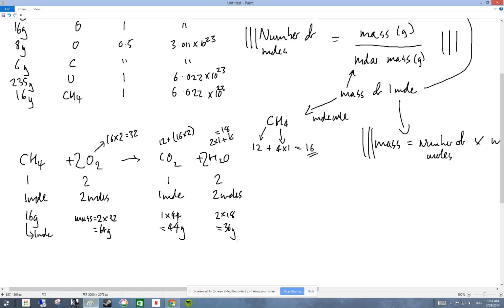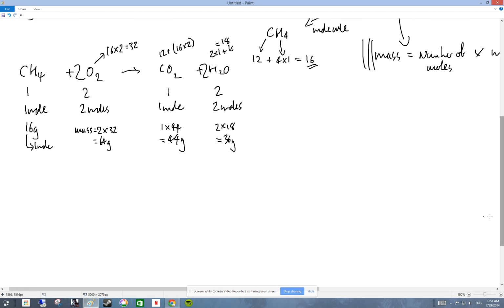Just to do one other example, which doesn't have quite such easy numbers perhaps. Let's burn some hydrogen to make H2O. Now again, to make this balance, I'm going to need to put a half there.